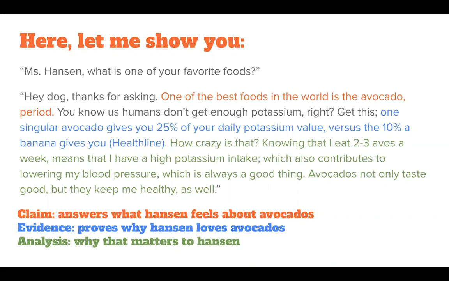Take a moment to read her response. Her response is in the order that it's supposed to be in: claim, evidence, and analysis. You do not have to write this down, but you can refer to it if you'd like to see a visual of what claim, evidence, and analysis looks like in a paragraph.